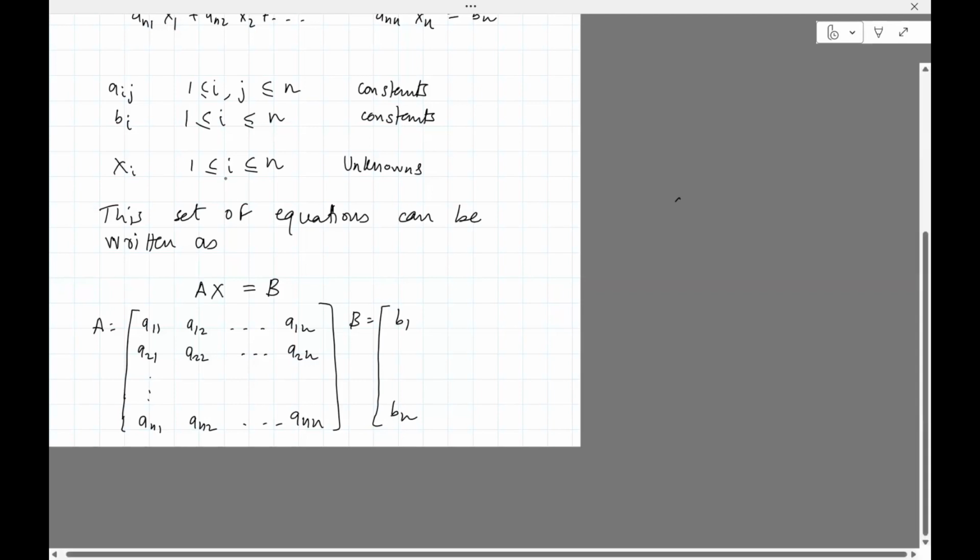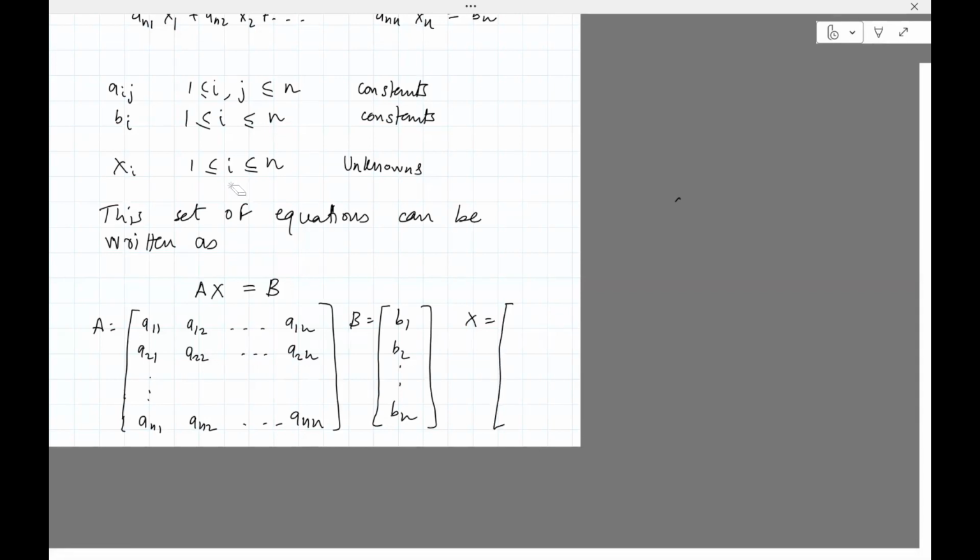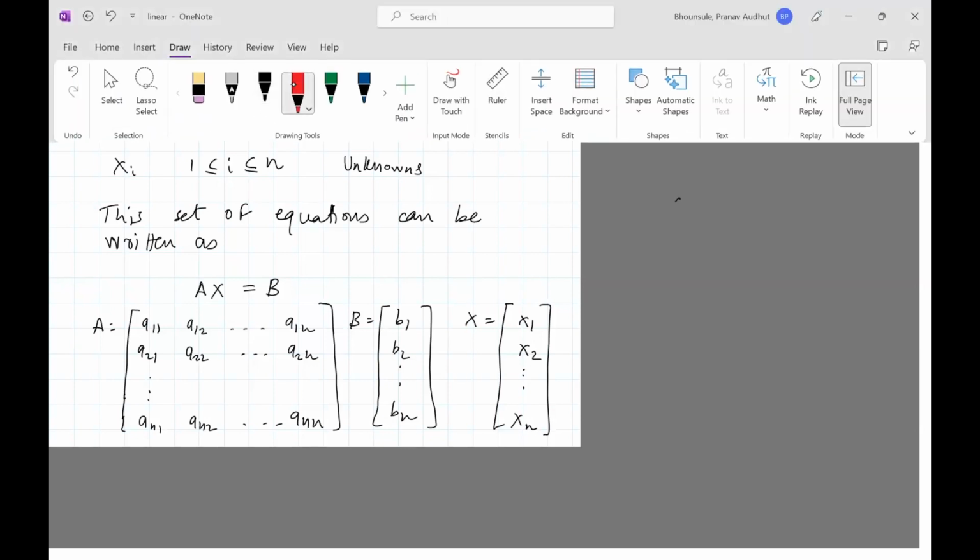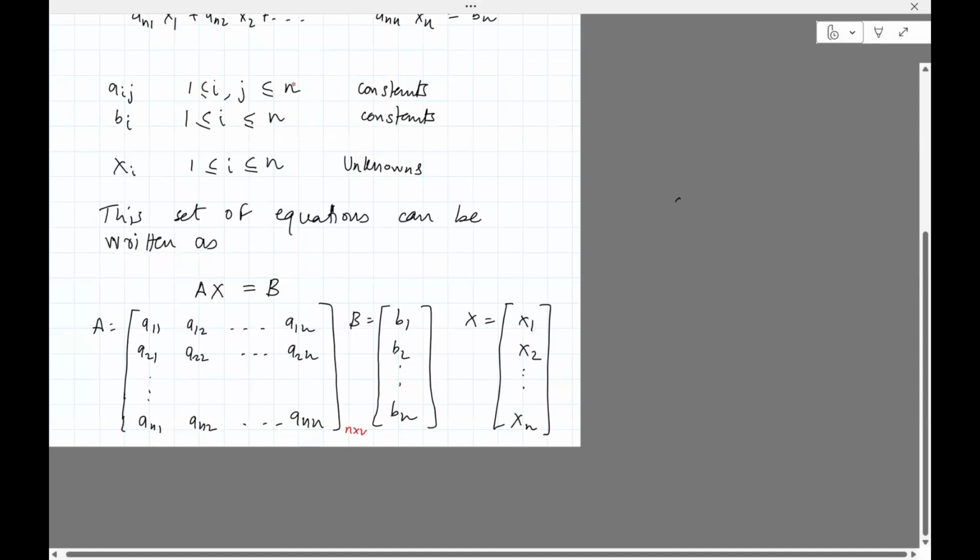And x are the unknowns: x1, x2, so on till xn. Again, capital A is a constant matrix of size n by n. Write that down: n cross n. This is n cross 1, and this is n cross 1.